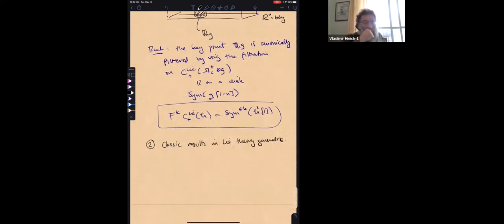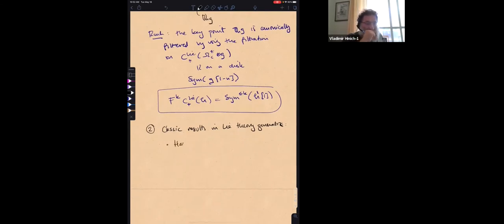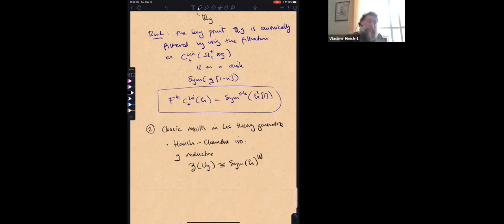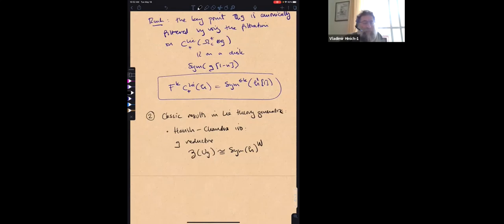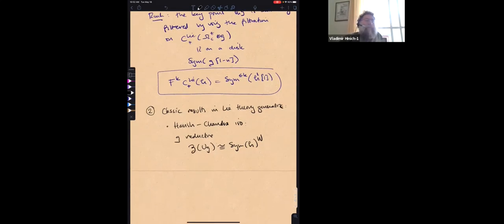I'm not going to elaborate on these, mostly because the notational overhead gets a little annoying. But the Harish-Chandra isomorphism I mentioned before says that for G reductive, the usual center of the enveloping algebra is isomorphic to the Weyl invariant piece of the symmetric algebra on the Cartan.